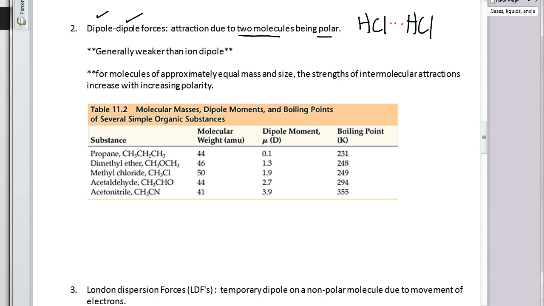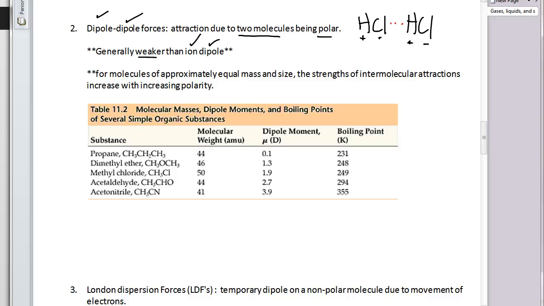The chlorine is slightly negative and the hydrogen is slightly positive, and you have this force of attraction between them. Generally, these dipole-dipole forces are weaker than an ion-dipole force. So one of the things we have to determine is, do we have a polar molecule, and do we have an ion, or just a couple of polar molecules being attracted to each other?